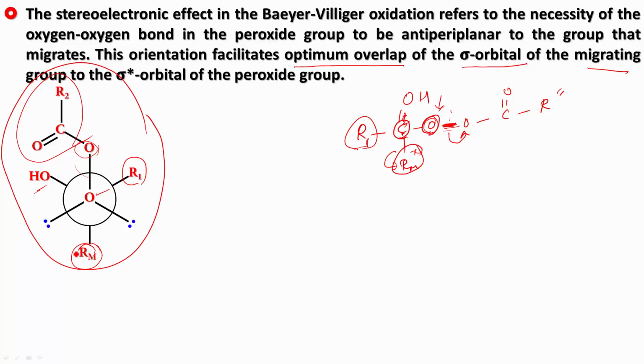That means this RM, remember, it's attached to this carbon. So carbon, RM, oxygen, peroxide linkage. The bonding orbital and the antibonding empty orbital of oxygen overlap.